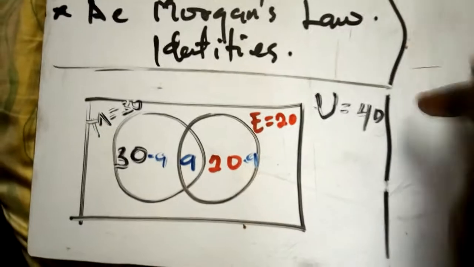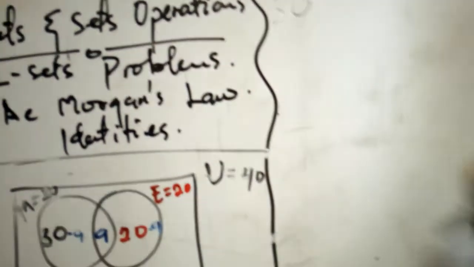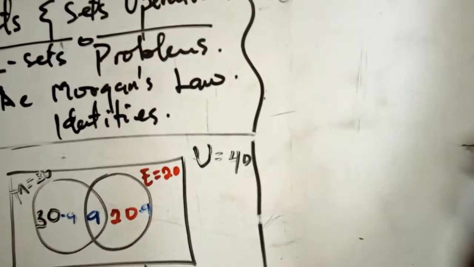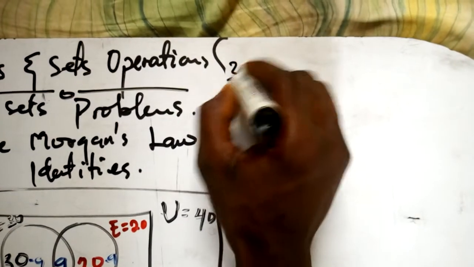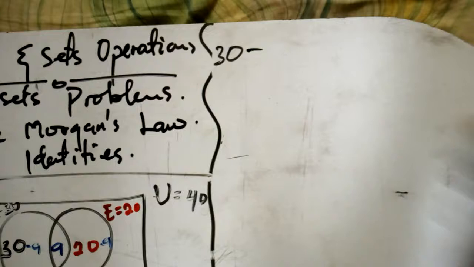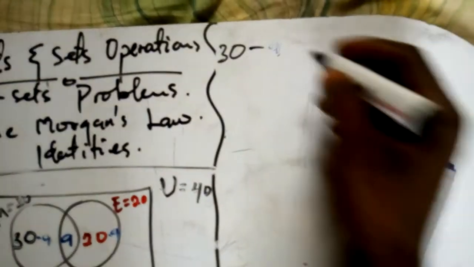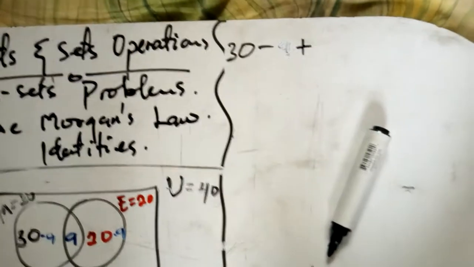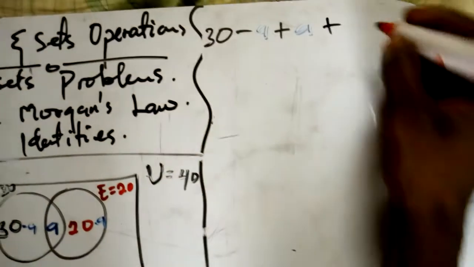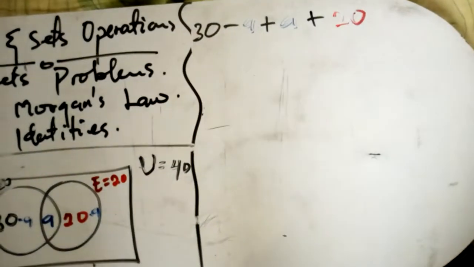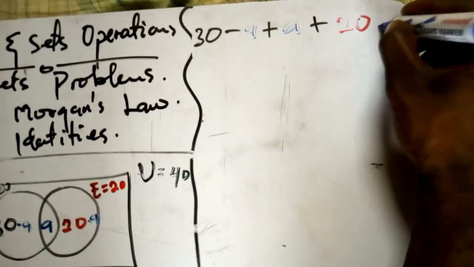But without wasting time, let's add everything together. So that will be 30 minus A, plus, let me use a new marker here. So 30 minus A plus A plus another 20, and then minus A. Can you see that?